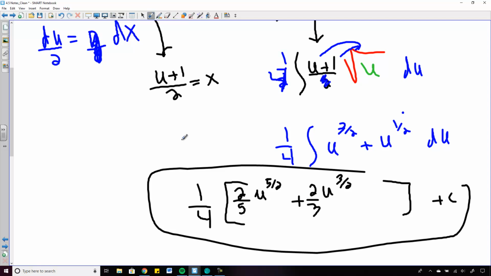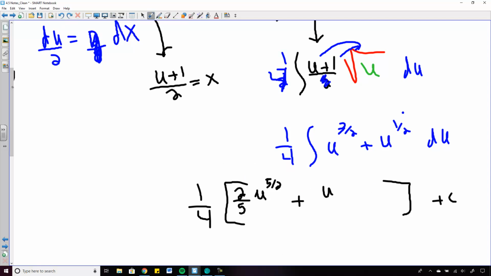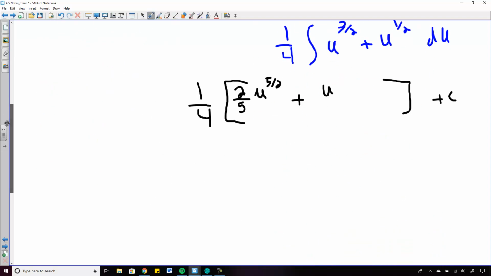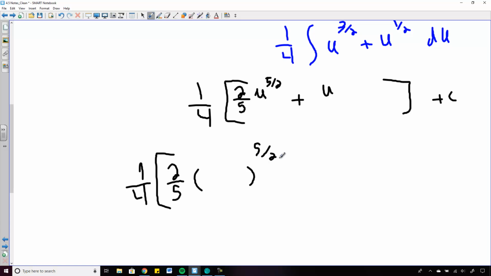Oh, no, it's not our final answer because it's not in x's, right? So our u was 2x minus 1. So it's 1/4, it's 2/5, right? And then it's 2x minus 1 there, to the 5/2. Then it's 2/3, and this is 2x minus 1 to the 3/2, plus c, like that.